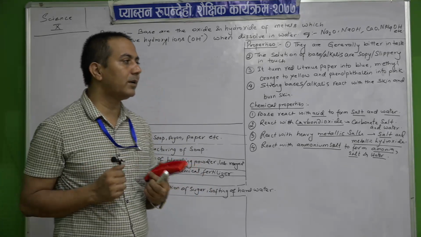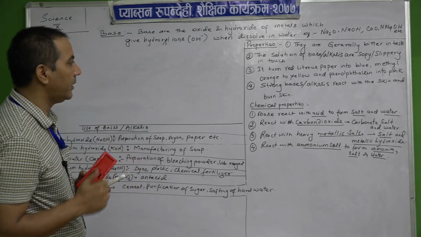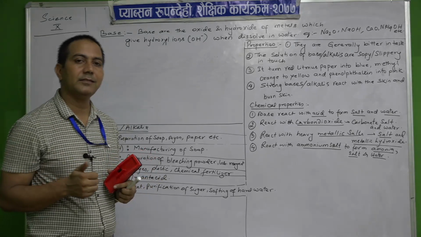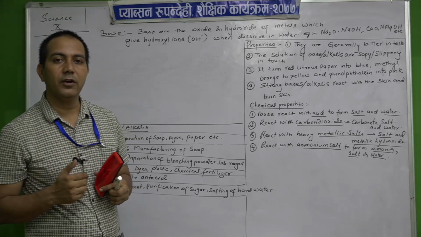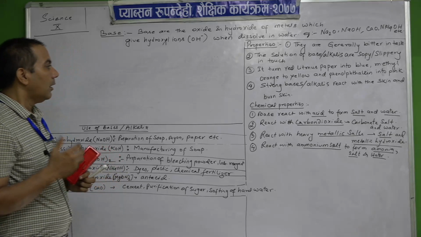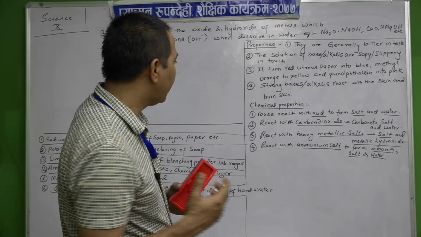But in acids, it was colorless, which should be remembered. Whereas when a base is put in, it will turn pink. Then another one is that bases burn the skin. These are some of the physical properties.